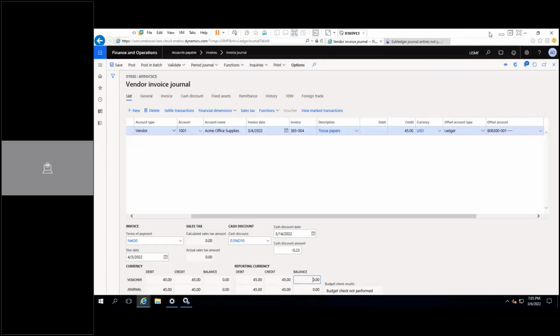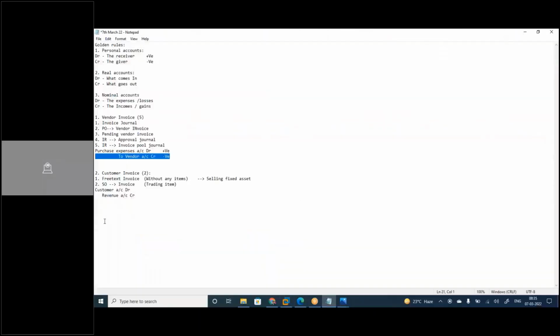So currencies are in the system. There will be 3 currencies you are going to learn. One is transaction currency. Second one is accounting currency. Third one is reporting currency.